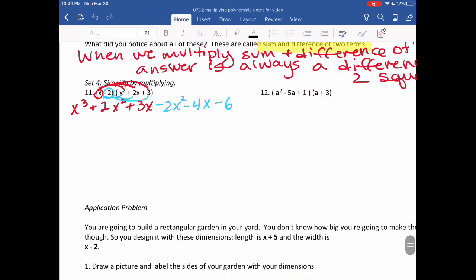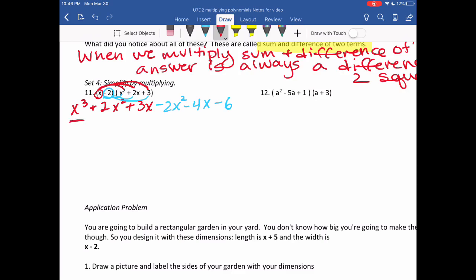Now I need to combine my like terms, all right? As I combine my like terms, I'm going to make sure that I'm putting my answer in descending order with the biggest exponent first. So I'm going to notice that my biggest exponent is this x to the third here. I'm going to jot that down first. So x to the third.